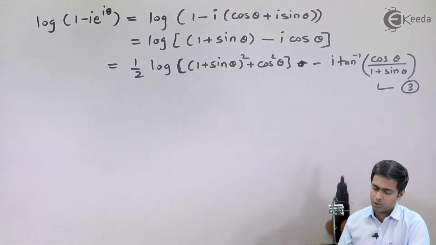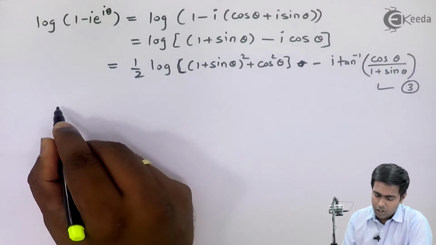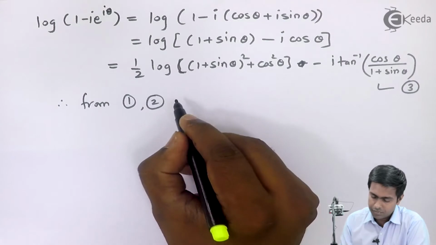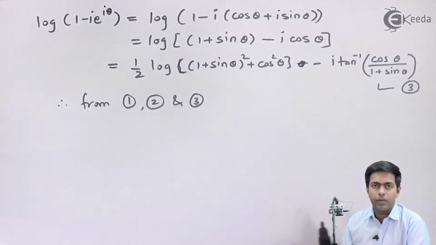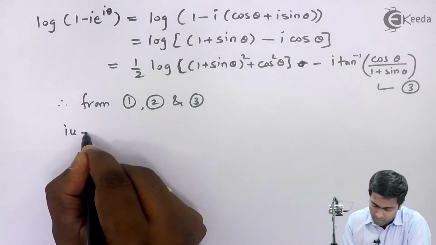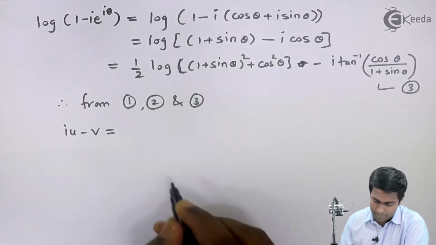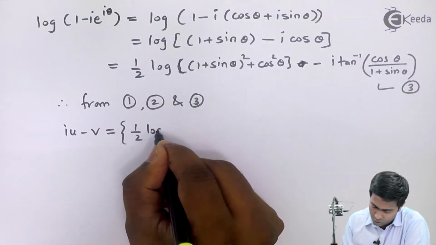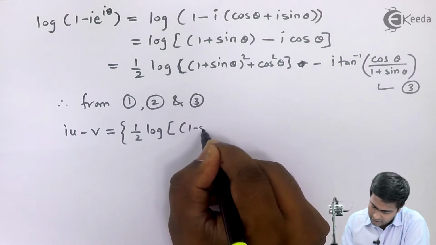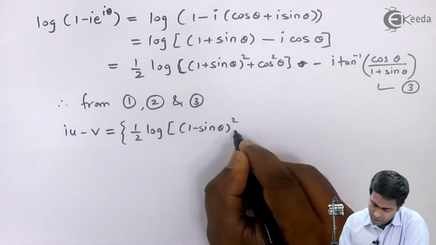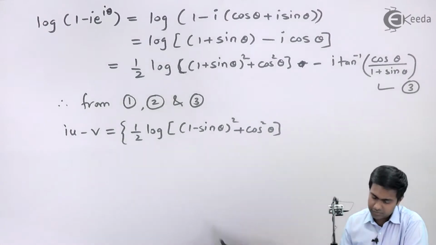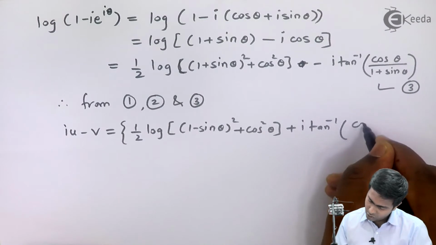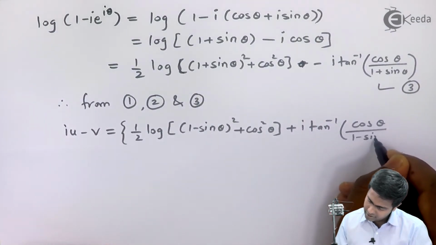Now we'll substitute the values of equation 2 and 3 in equation number 1. So from 1, 2 and 3 we will get iu minus v is equal to, the first term is 1 by 2 log of ((1 minus sin theta) the whole square plus cos square theta) plus i tan inverse of (cos theta upon 1 minus sin theta).